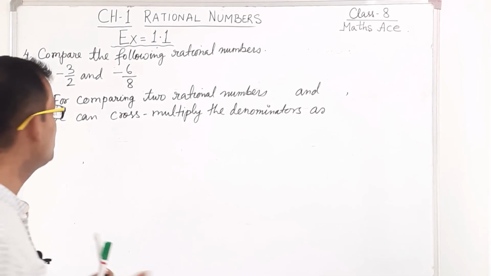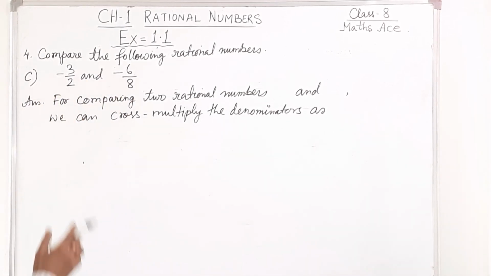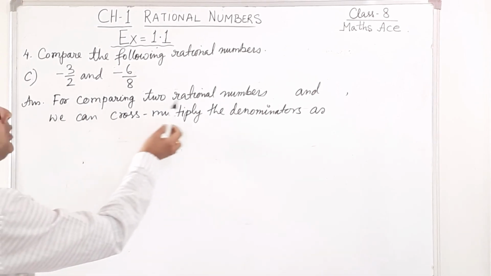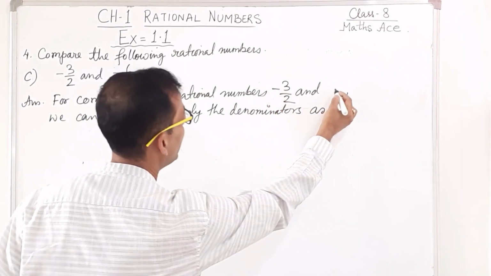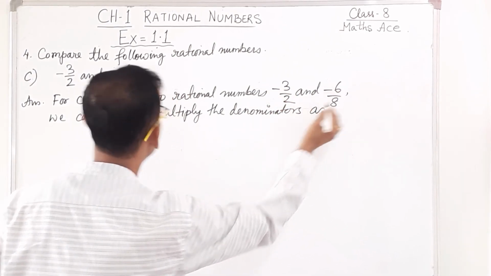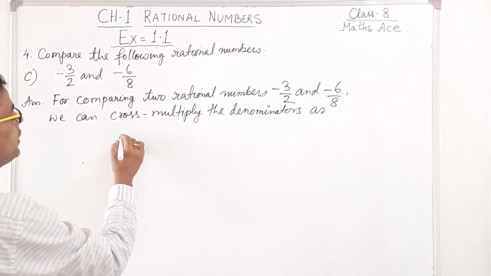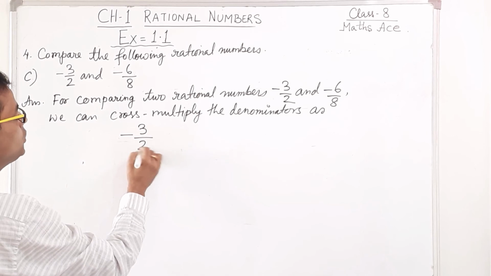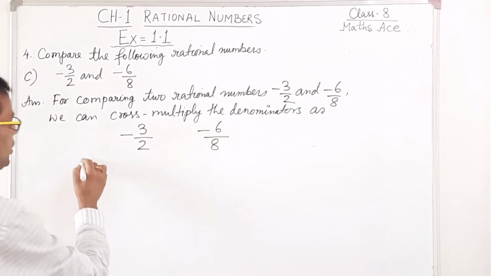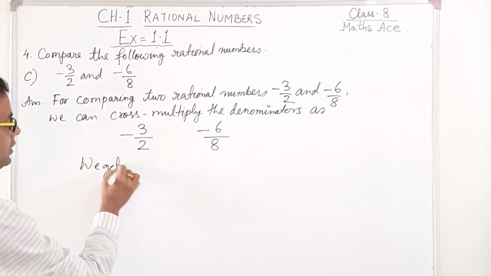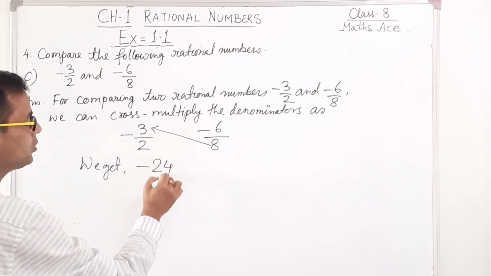Okay. Now question number C, minus 3 by 2 and minus 6 by 8. So we will write same way for comparing two rational numbers, minus 3 by 2 and minus 6 by 8. We can cross multiply the denominators. How? Now minus 3 by 2 and here minus 6 by 8. So what we get? We get, okay, this into this, so minus 24.